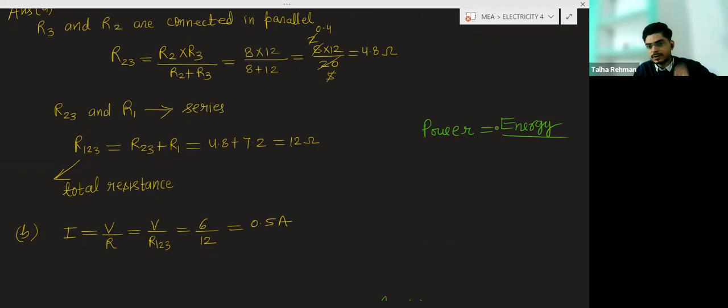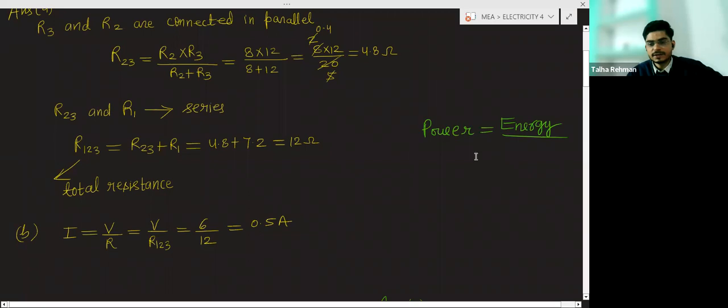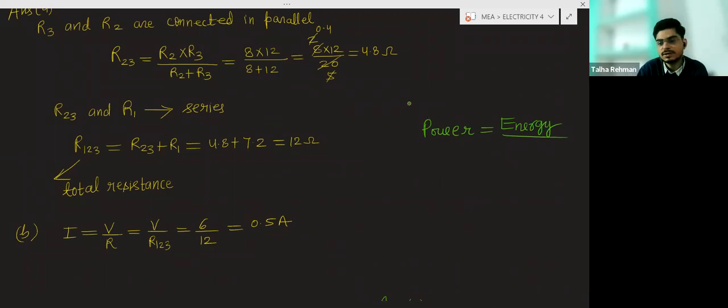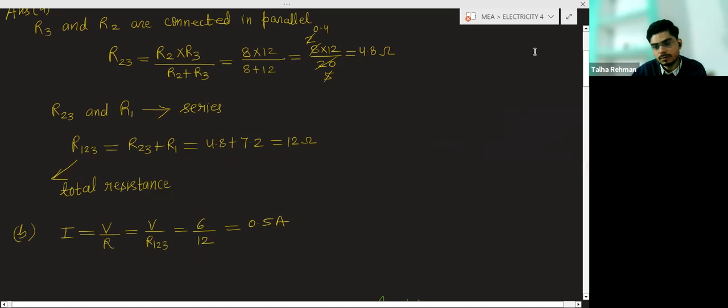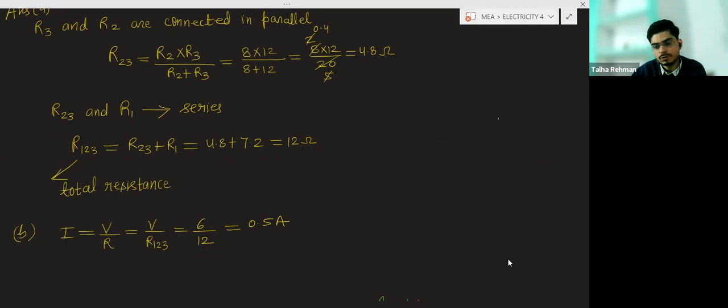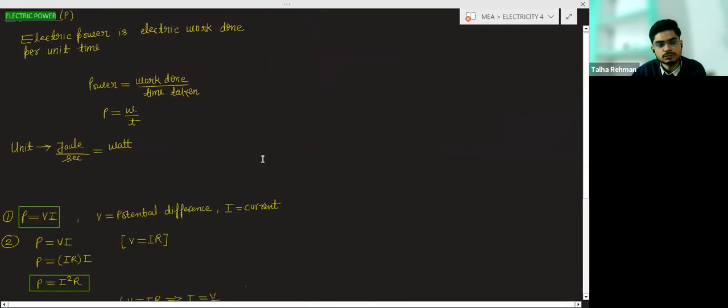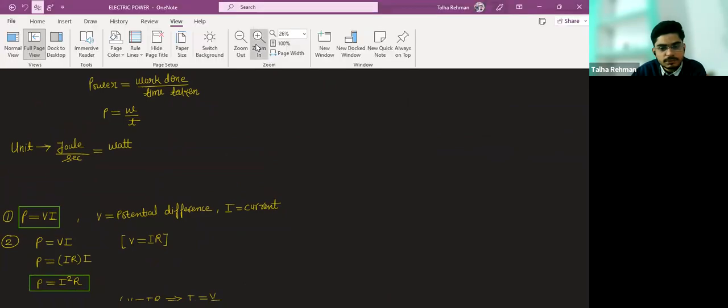The rate of doing work is energy. Actually that thing I told you, that was for energy. Now power is something else. Power is energy per unit time. Okay. Oh no, what am I doing.